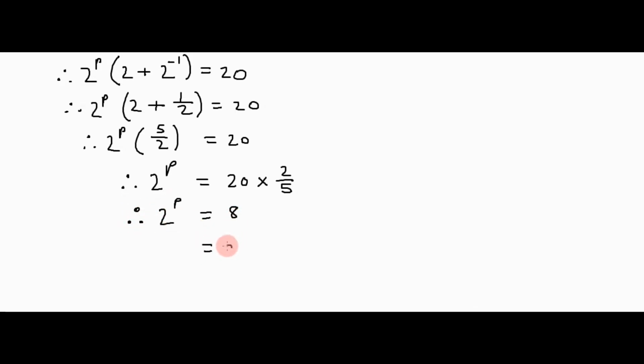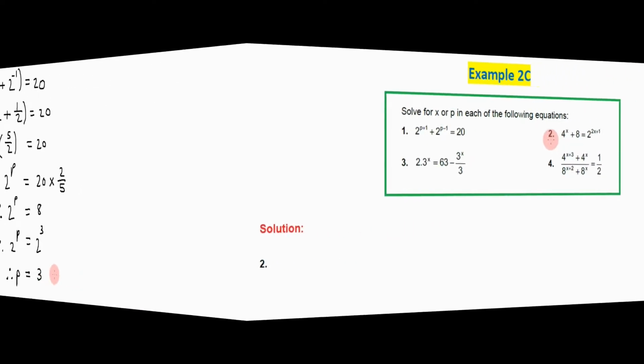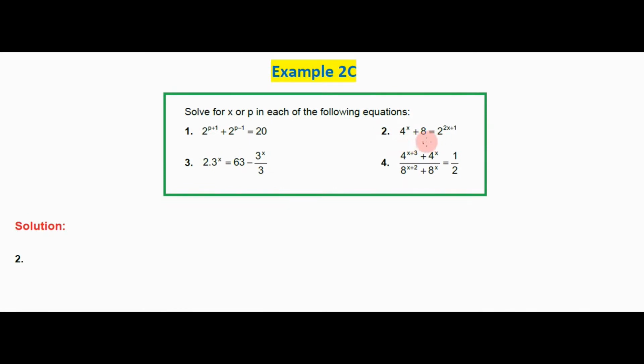And we know that 8 is 2 cubed. So we get the base is the same on both sides again. And now that the bases are the same, we can drop them because the powers must be the same. So p equals 3.